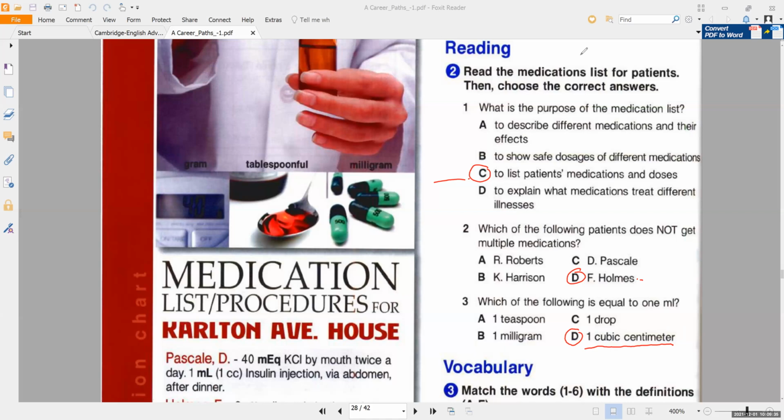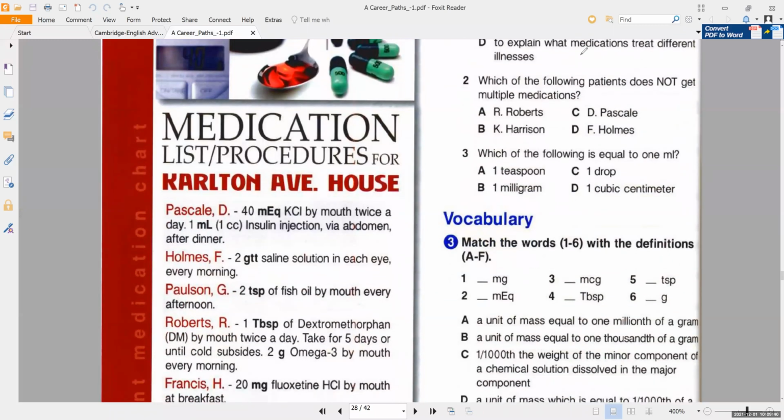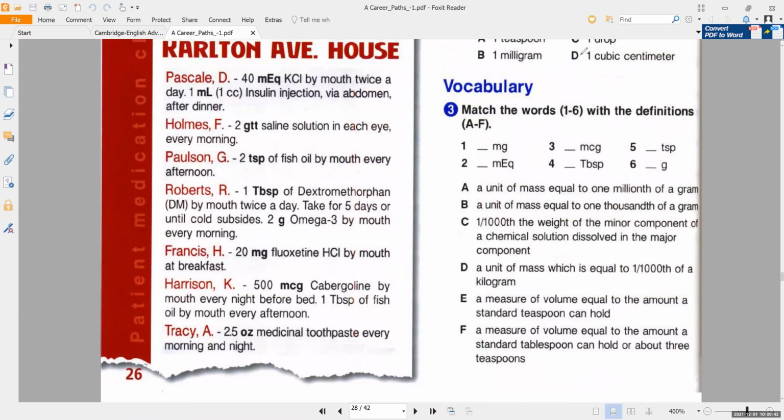Now we go to the vocabulary. We match now these 6 measurements to their definitions.